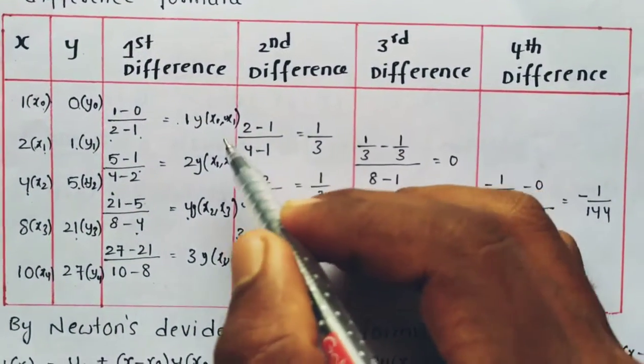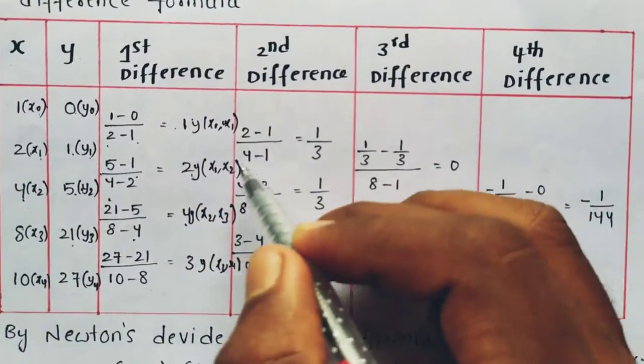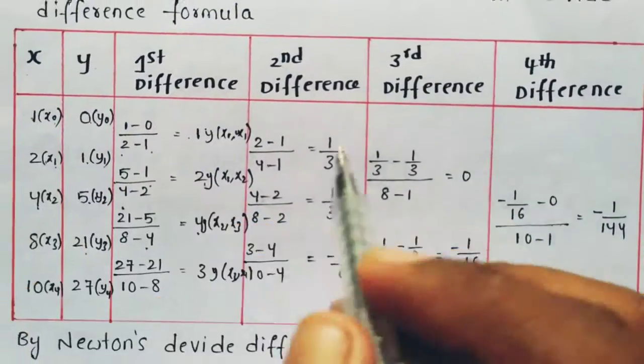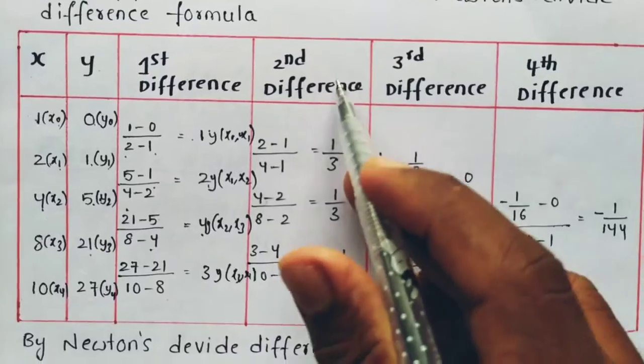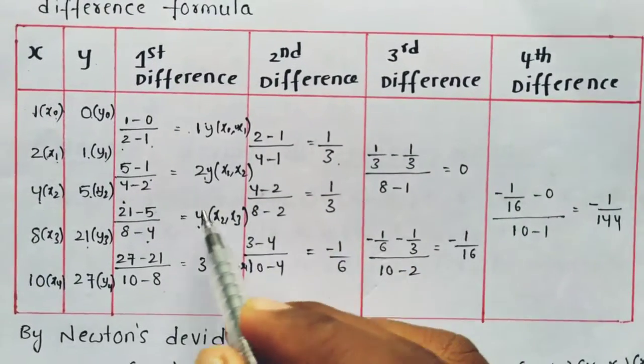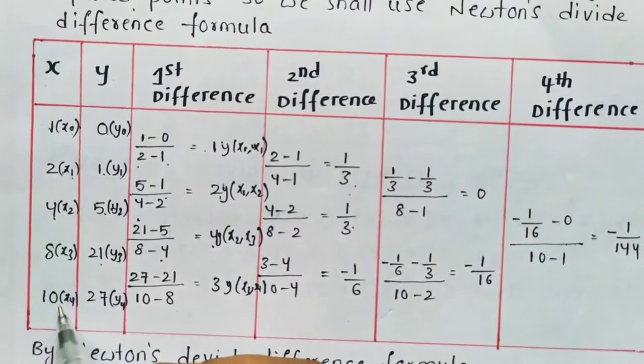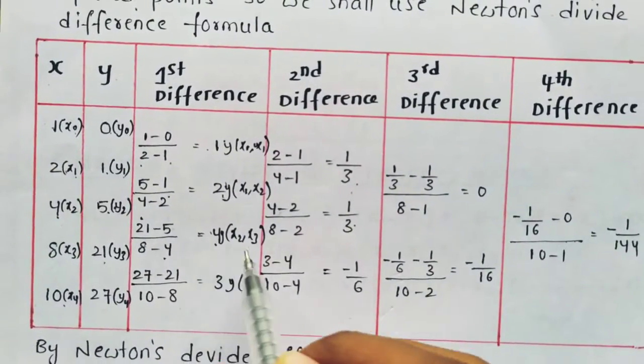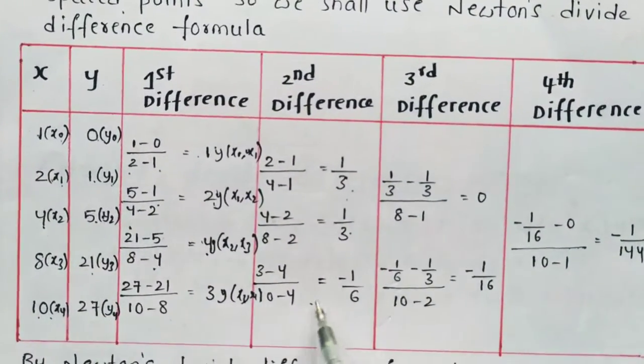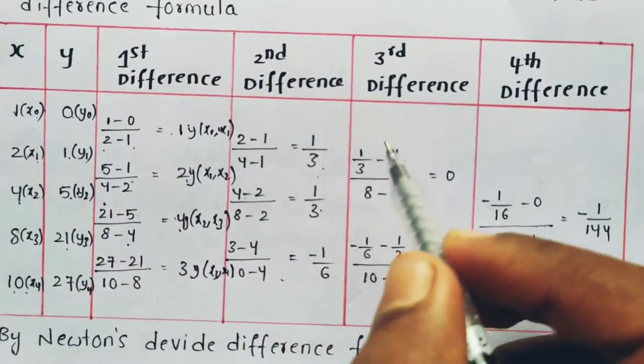The second difference is found in the same way. The difference 2 minus 1 by 4 minus 1 gives the first value of the second difference, and then 4 minus 2 by 8 minus 2 gives 1 by 3, and similarly 3 minus 4 by 10 minus 4 gives the third value.